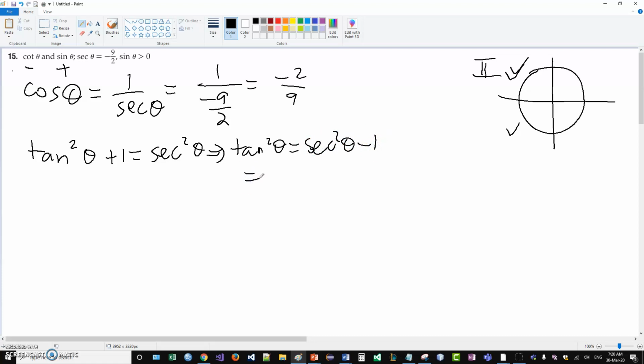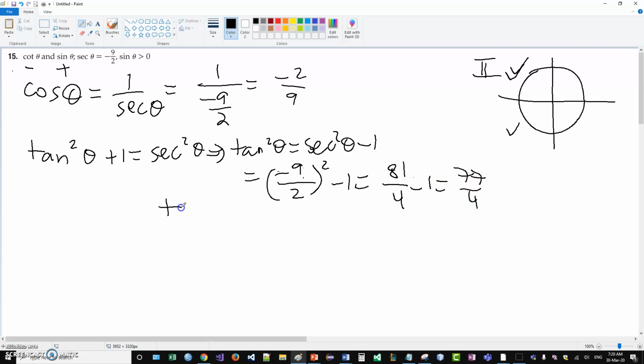That means tangent squared theta equals secant squared theta minus 1 equals minus 9 over 2 squared minus 1 equals 81 over 4 minus 1 equals 77 over 4.